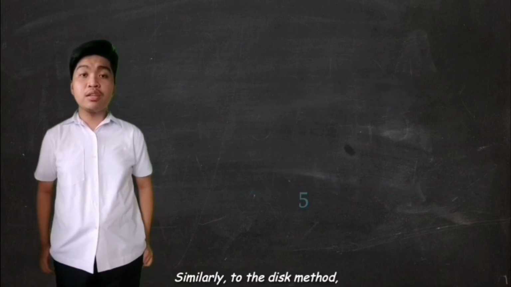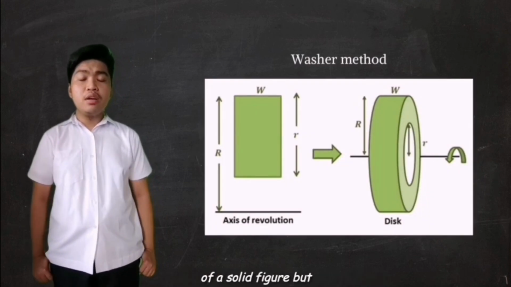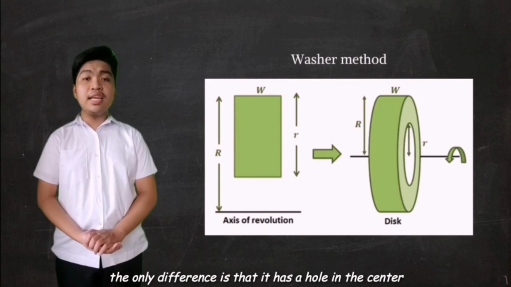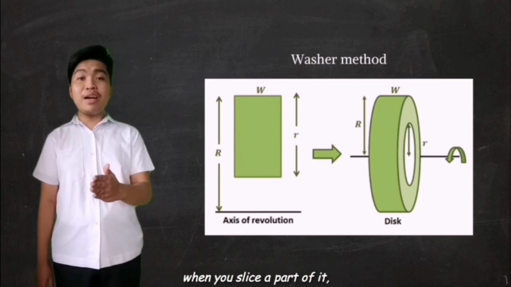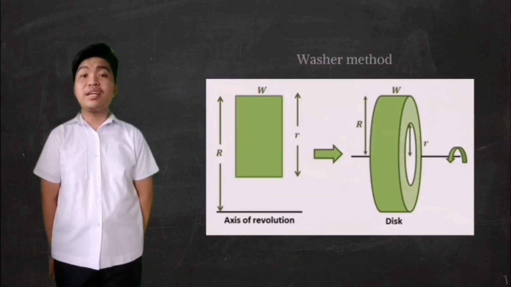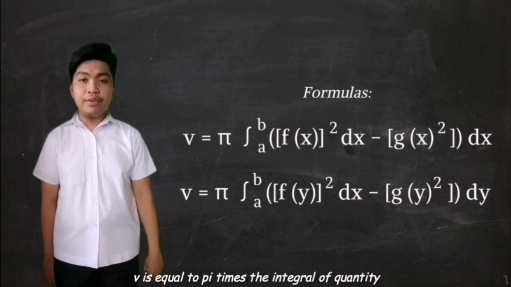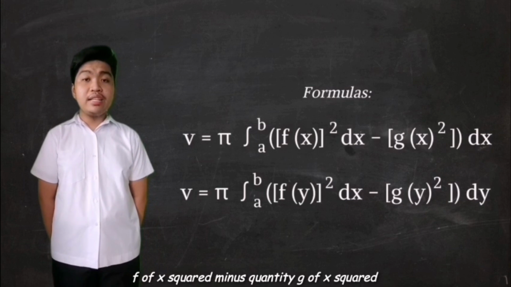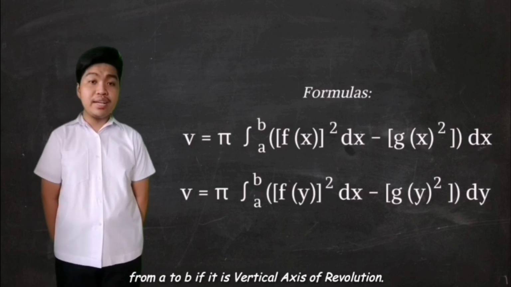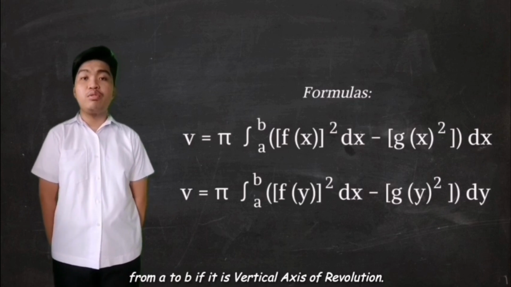Similarly to the disk method, the washer method is also used to solve the volume of a solid figure. But the only difference is that it has a hole in the center of the cylindrical cone, and when you slice a part of it, it will look like a washer. These two are the formulas of the washer method. V is equal to pi times the integral of the quantity f of x squared minus the quantity g of x squared dx from a to b if it is horizontal axis of revolution.